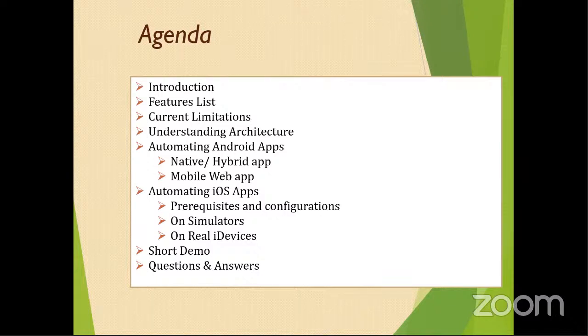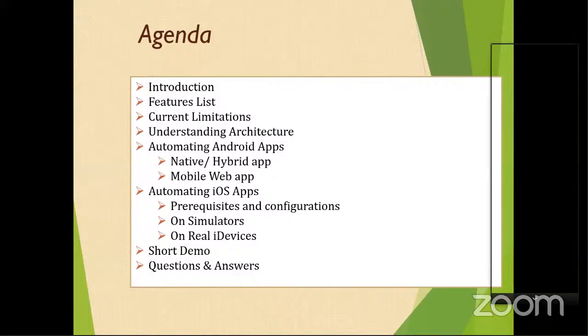iOS also we are able to automate, but there are a lot of limitations when we use Appium with iOS. One thing is that if we are moving on with iOS automation, preferably we need a Mac machine. For Android we can use Windows OS, that is our laptop, and we can install all the details and automate.